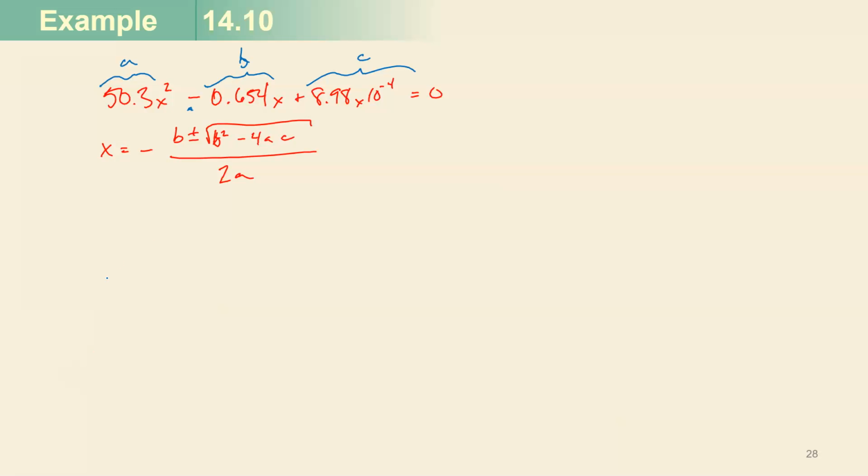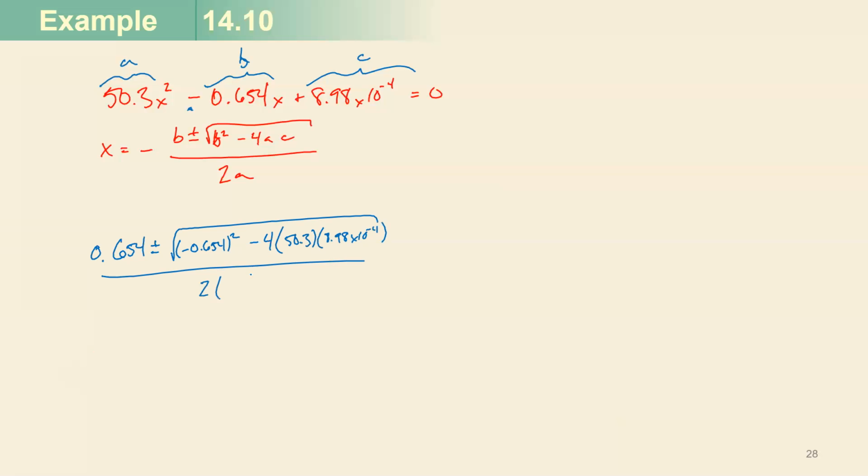And so when we plug it in, we get negative b, and so negative b is positive 0.654, plus or minus the square root of b squared, so negative 0.654 squared, minus 4 times a, 50.3, times c, 8.98 times 10 to the negative 4th, all over 2 times 50.3.